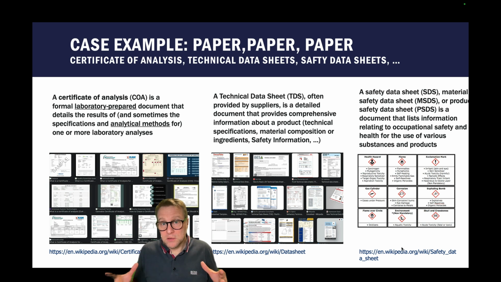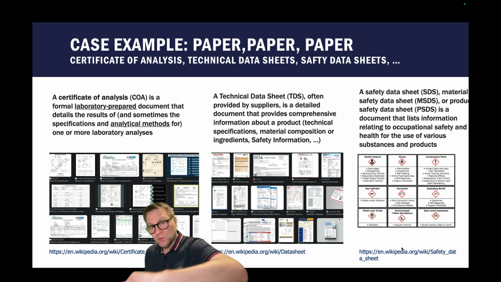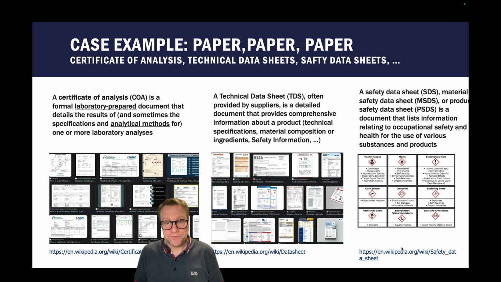Is it a hazardous good or not? What you see here is paper over paper over paper. And there are many types you exchange during the entire process when a physical product enters from a supplier to your manufacturing site. And here we enter from the analytics space the world of natural language processing.